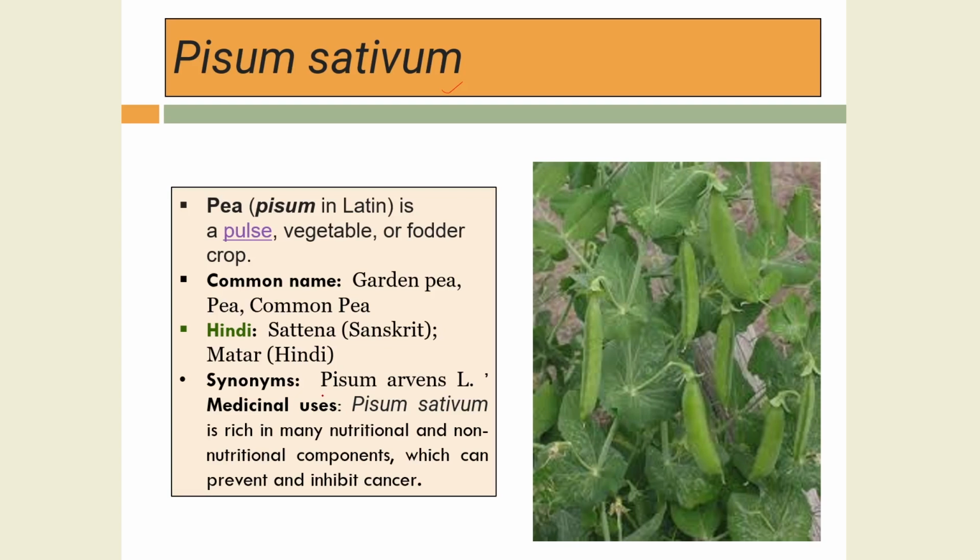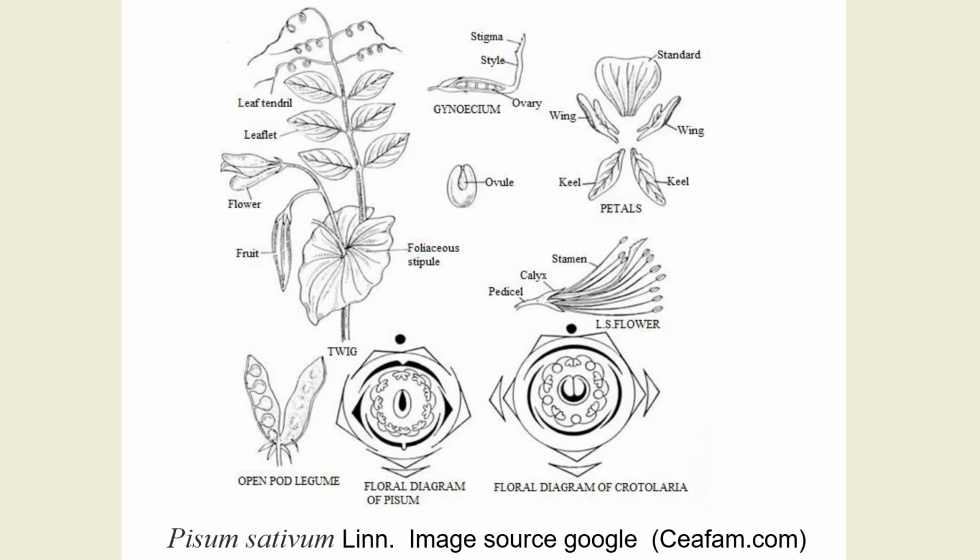The synonym of this name, Pisum sativum, is Pisum arvense. Pisum sativum is rich in many nutritional and non-nutritional components which can prevent and inhibit cancer. So we all know this plant, the pea plant, and most of us consume it either in vegetable form or as a pulse in grains.